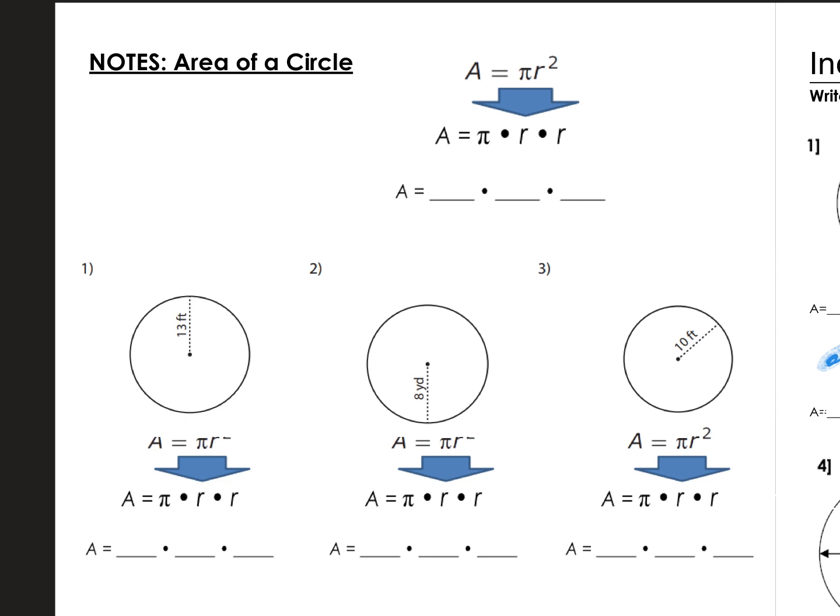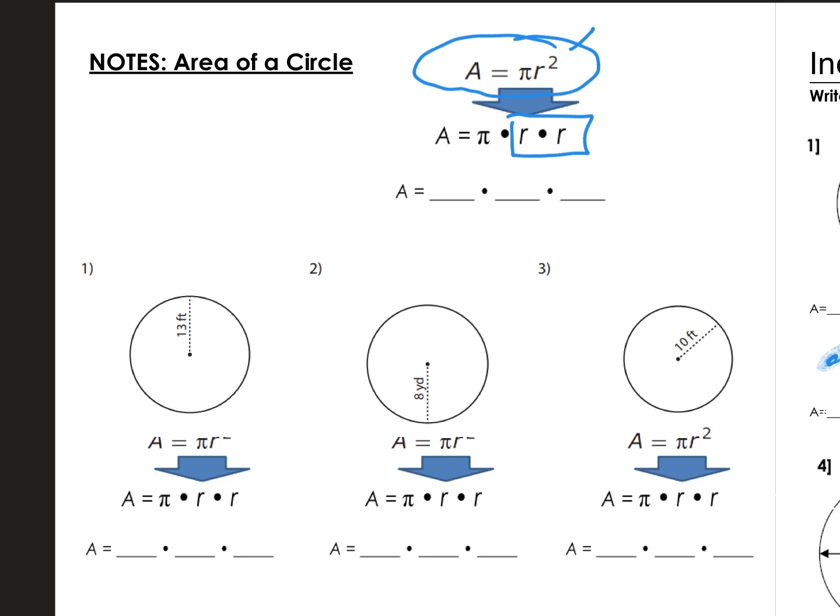So here is the formula for area of a circle. It is A equals pi r squared, where that r squared is equivalent to r times r. That 2 just represents the number of times that we multiply that r.